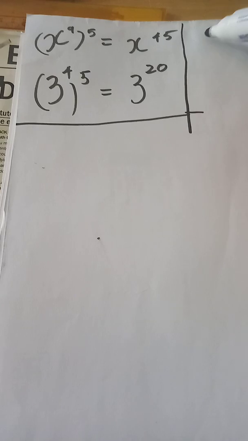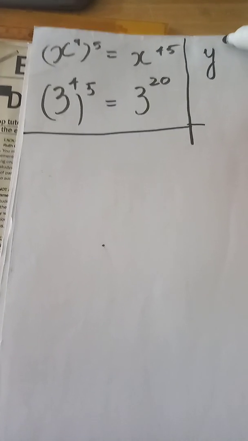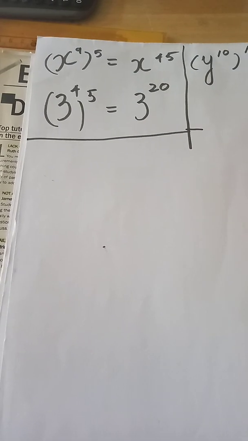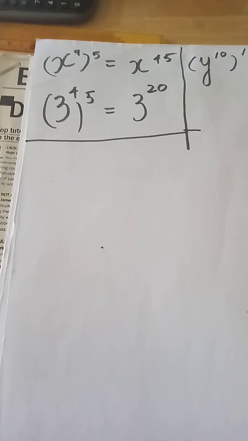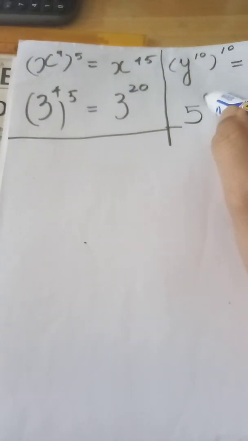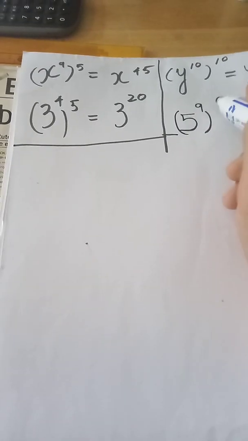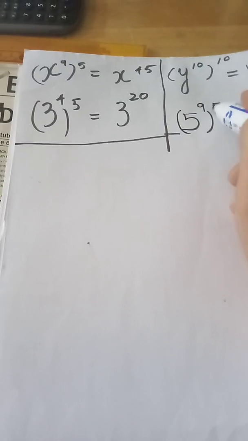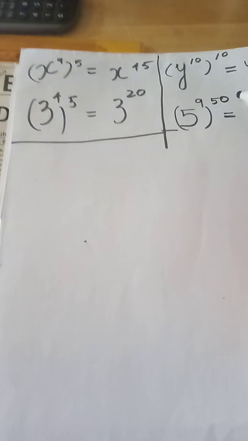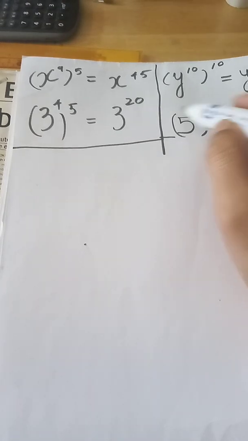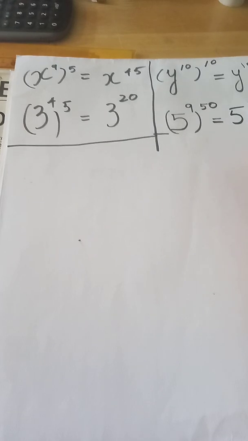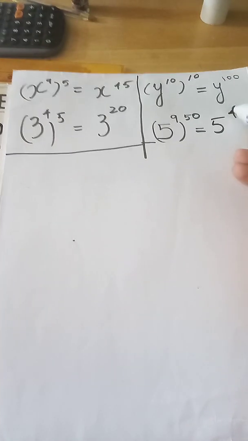And if we had y to the power 10, whole to the power 4, it'll be y to the power 40. And then if we had 5 to the power 9, whole to the power 50, it'll be 5 to the power 450.